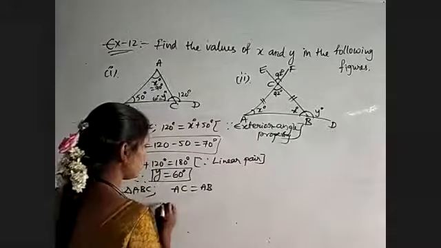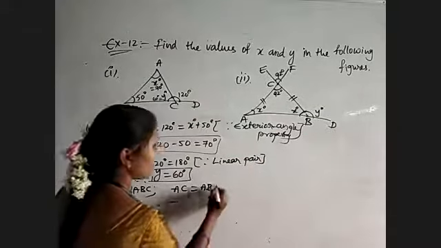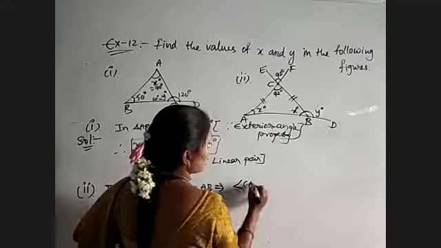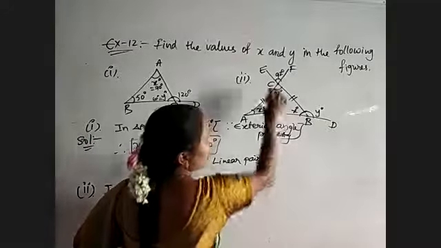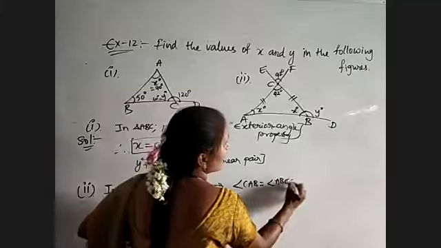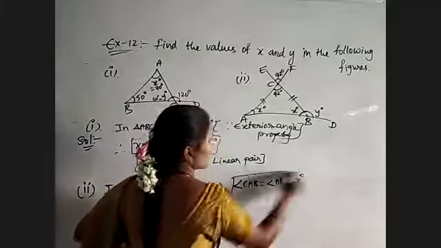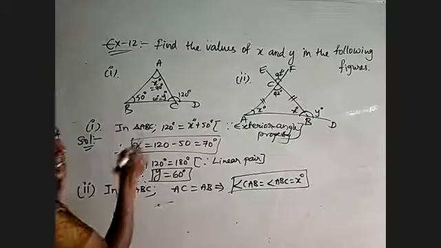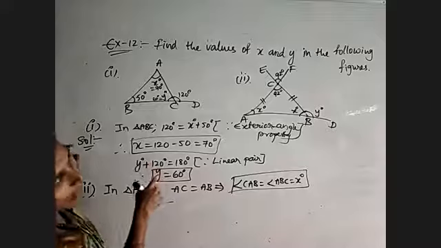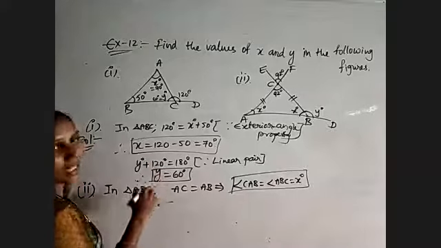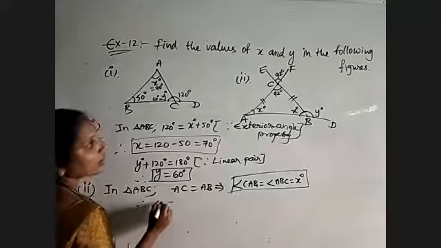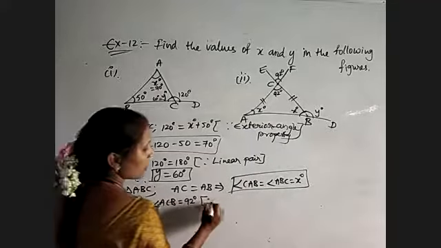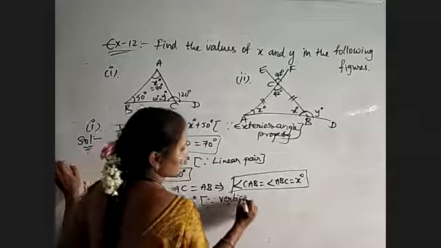Therefore angle CAB is equal to angle ABC is equal to x degrees because of these two equal sides. Then at C, angle ACB is equal to 92 degrees because of vertically opposite angles.